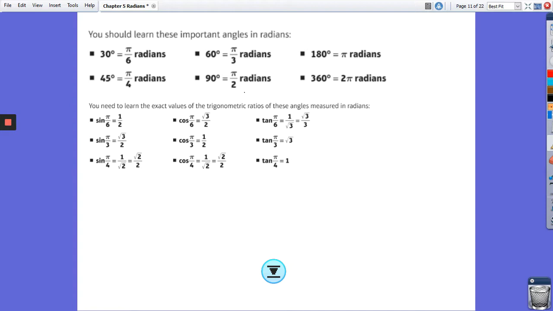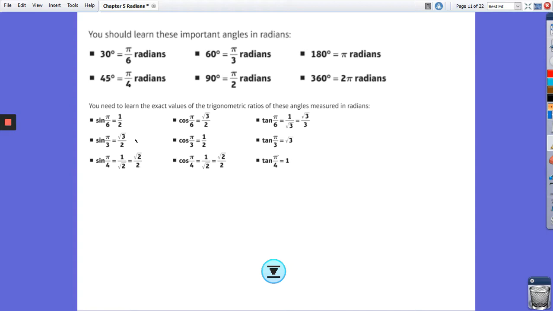And also, it would be a good idea to commit these to memory here. These here are exact trig values. So you know that sine 30 is a half. So therefore, if 30 degrees is pi over 6, then sine pi over 6 is a half.